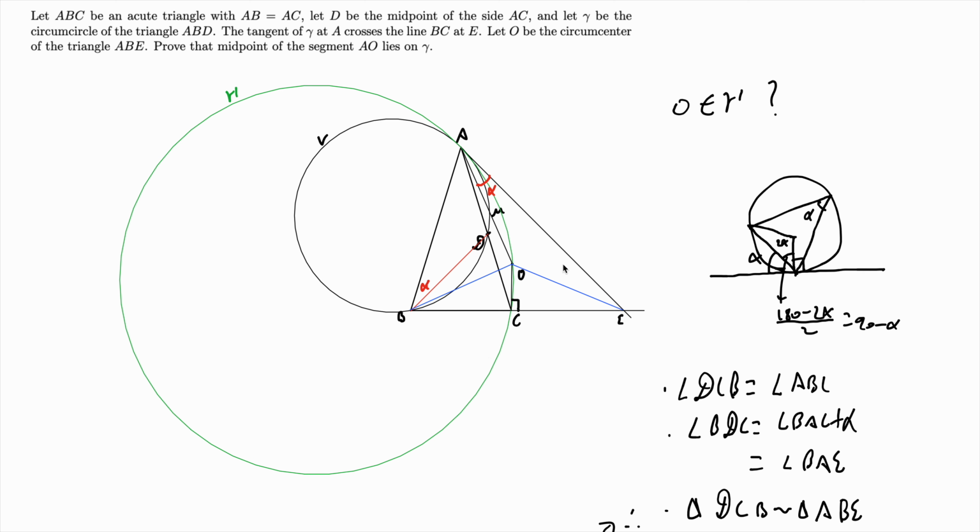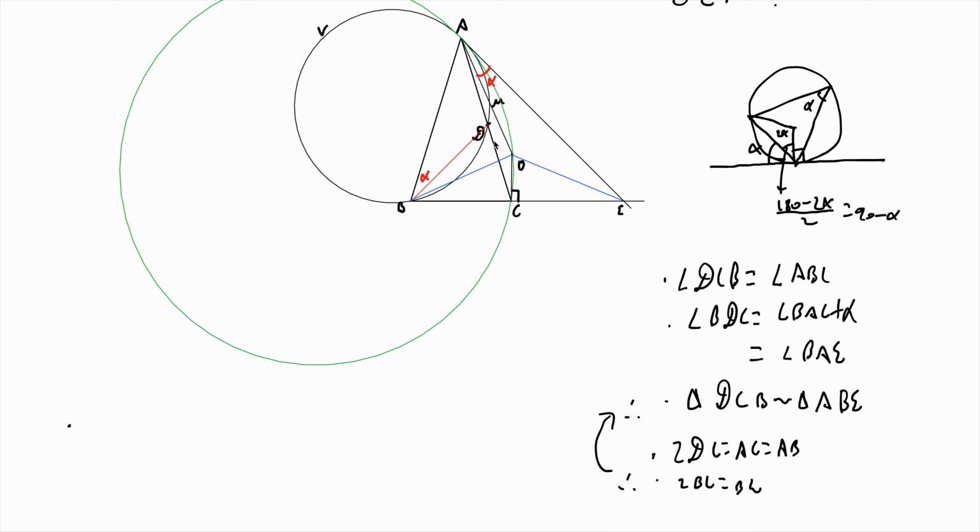We know that angle ACO equals 90 minus angle ACB, which is equal to 90 minus angle BAE.